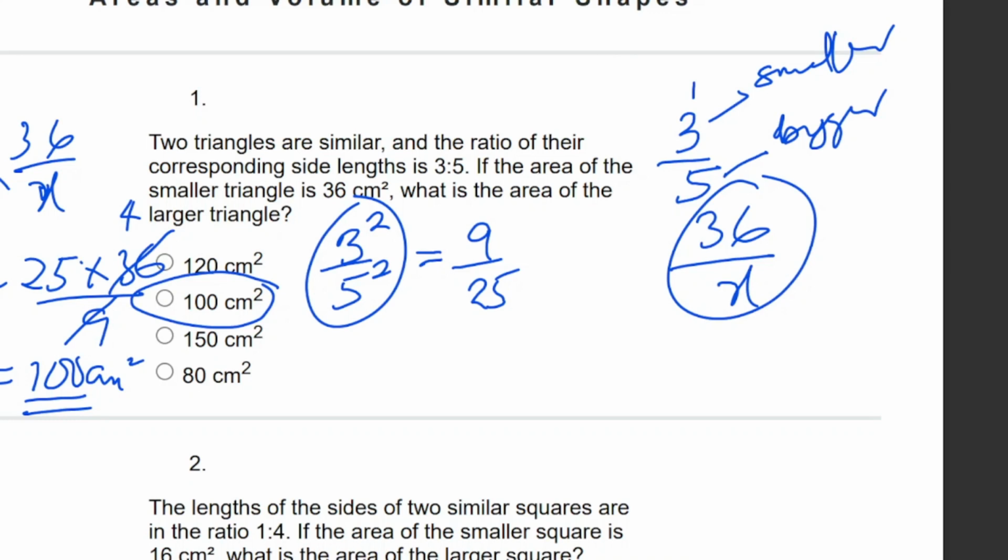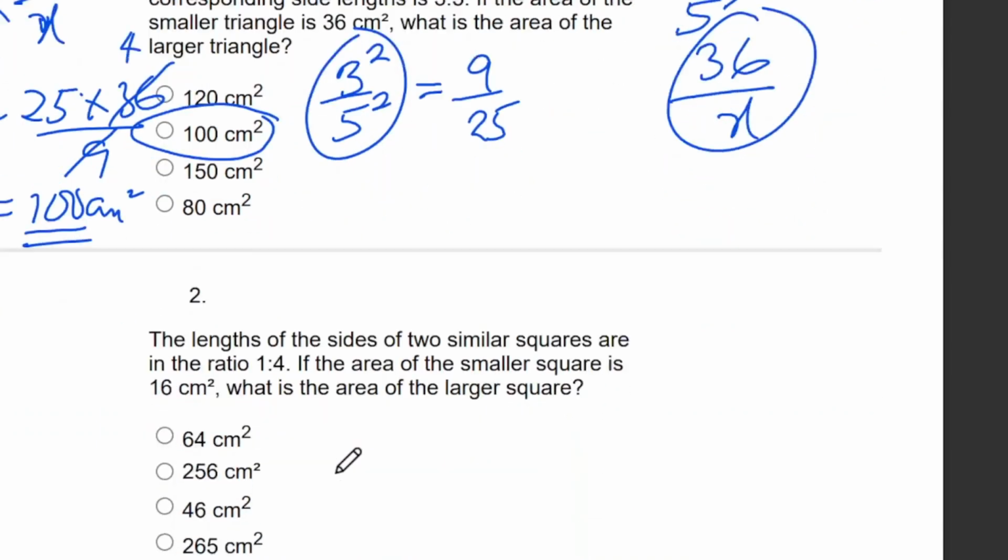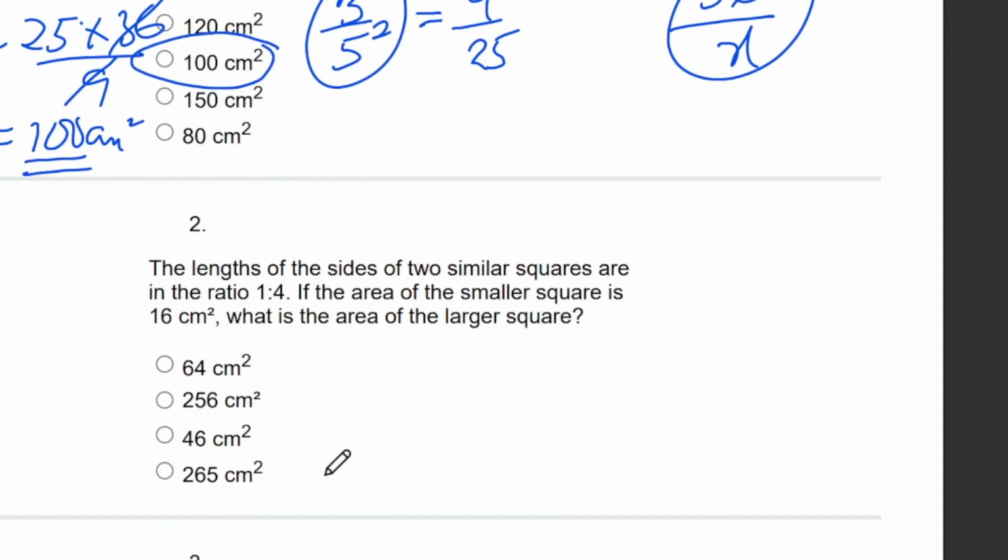So for question 2, the lengths of the sides of two similar squares are in the ratio 1 to 4. If the area of the smaller square is 16, what is the area of the larger square?